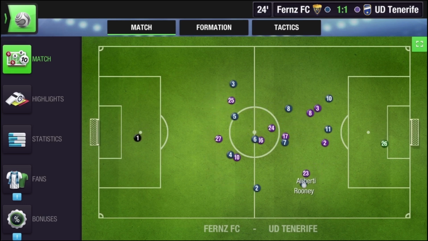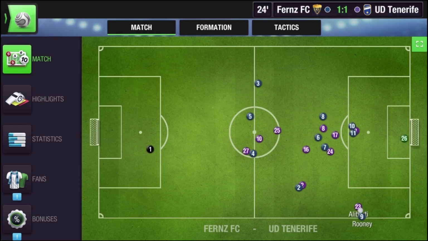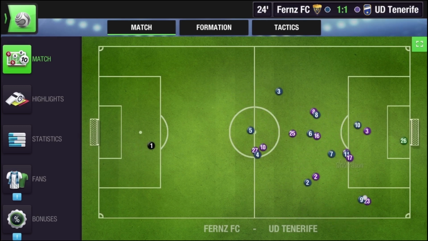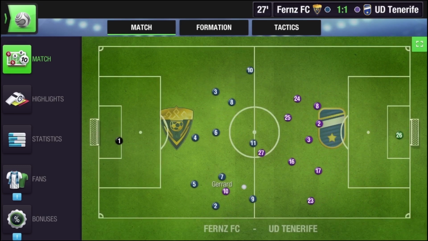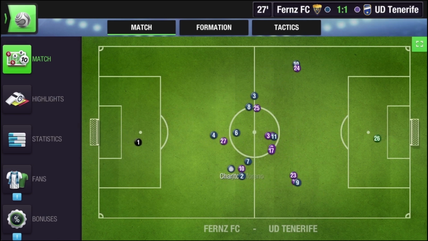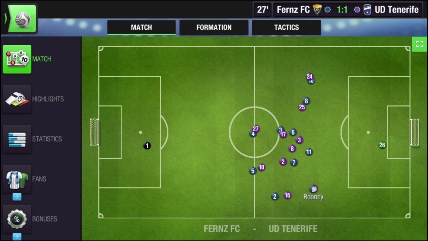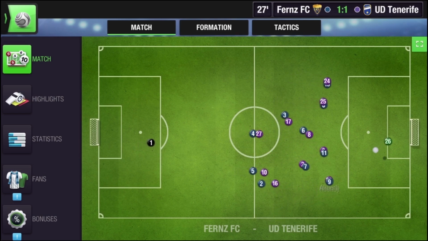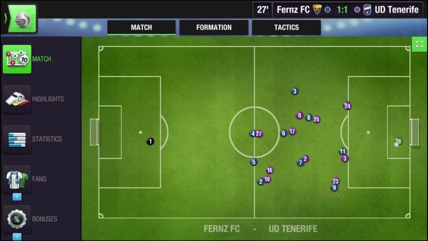Okay, so I'm using man marking here, because my players are actually comfortable with doing a one-on-one duel with every individual player. So I feel that is more flexible, rather than placing everybody in a manner where you can intersect all the passes. Second goal.